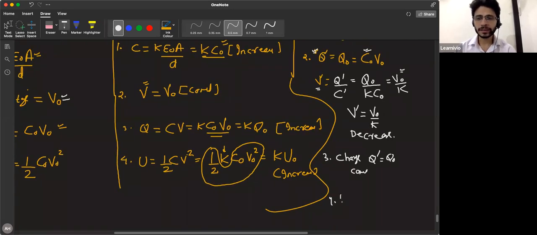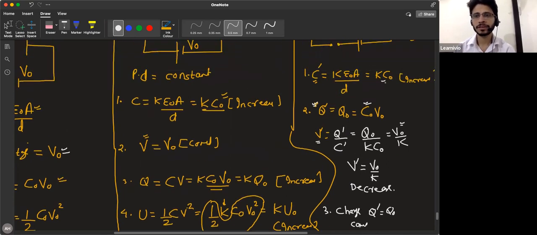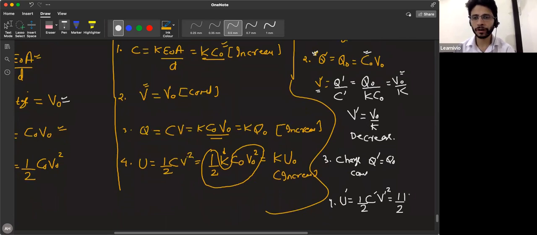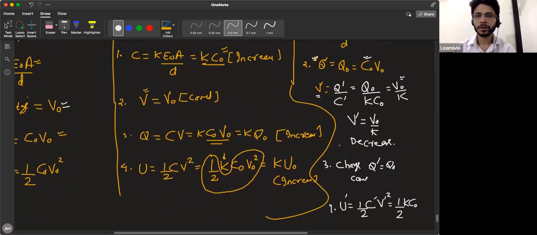The next thing is energy. How to calculate energy? Energy is half C V square, so the energy is half C prime V prime square. C prime is K C naught, so instead of C prime you can write K C naught.